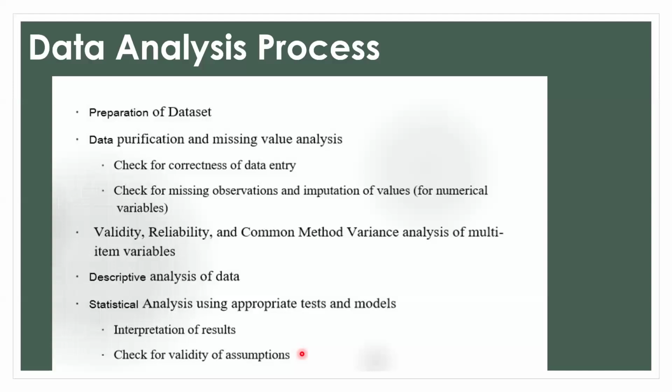Right, since it's wasting our time, I'm briefing. Item means the questions. If you have 50 questions in your questionnaire, we call them 50 items. So multi-item variables are variables that we test with many items, right?